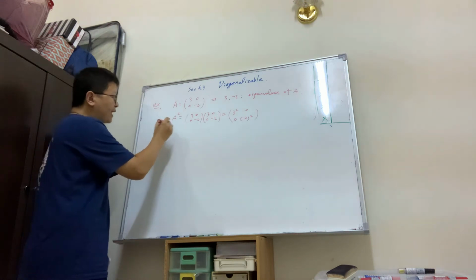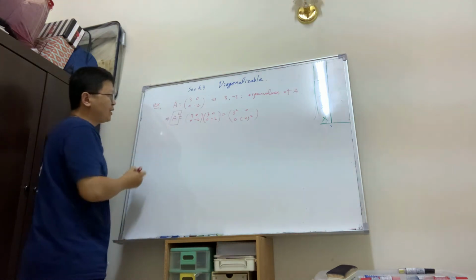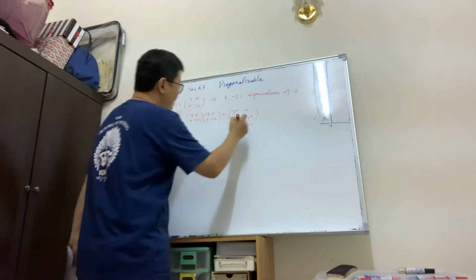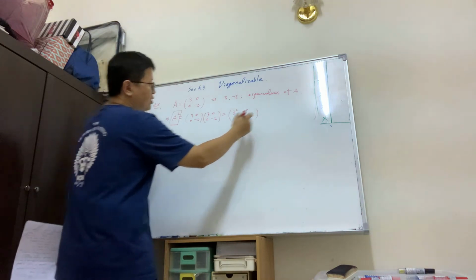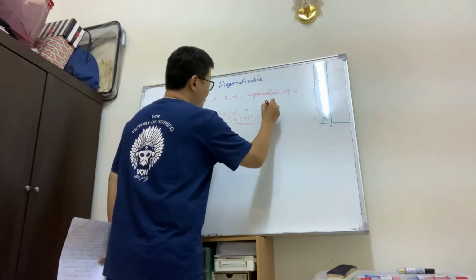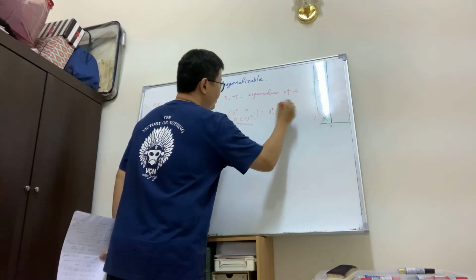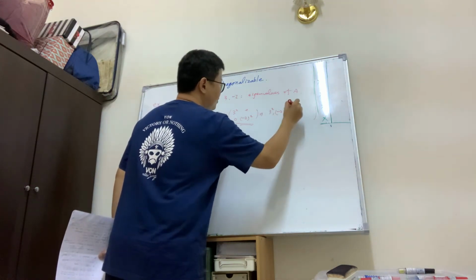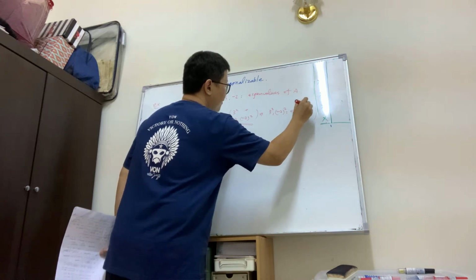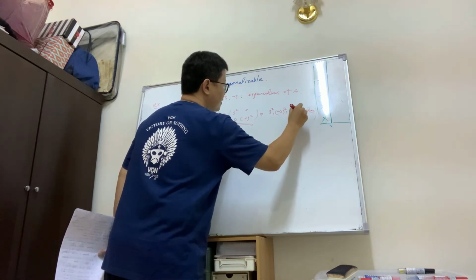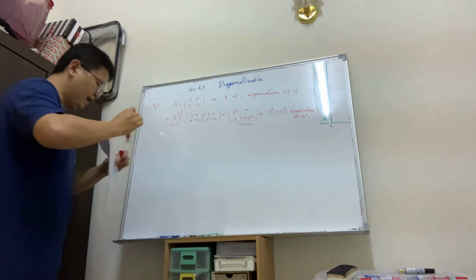So what's the eigenvalue of A squared? The matrix A squared is this one, so of course its eigenvalues are 3 squared and -2 squared. And so on.